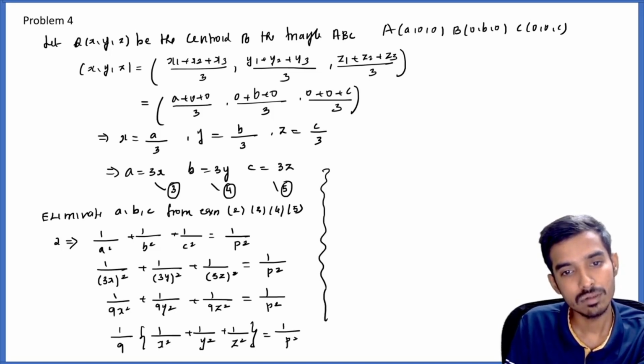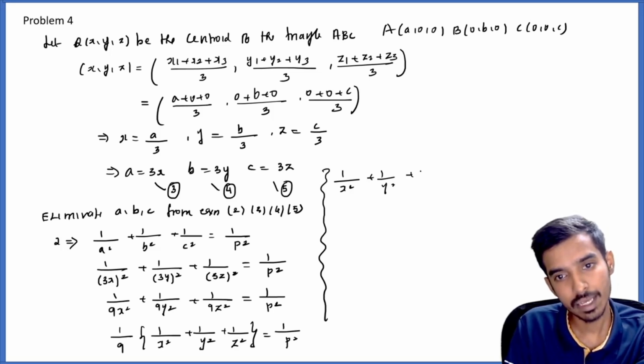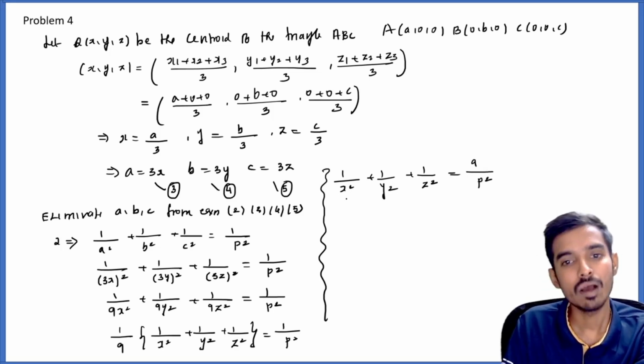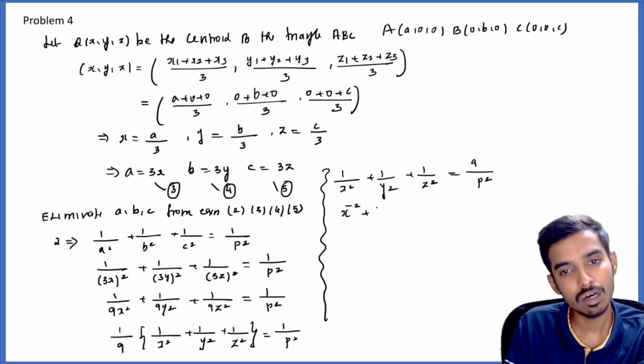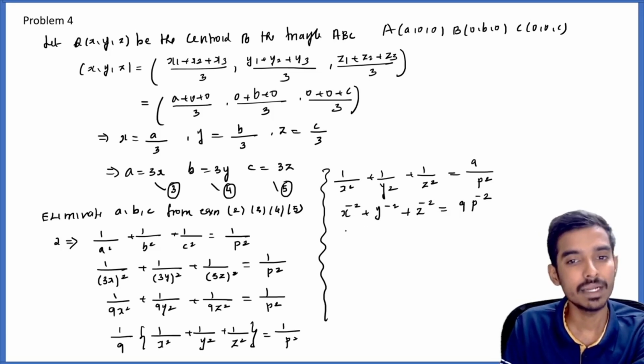So we have 1 by x square plus 1 by y square plus 1 by z square is equal to 9 by p square, or I can also write this as x power minus 2 plus y power minus 2 plus z power minus 2 is equal to 9 times p power minus 2.